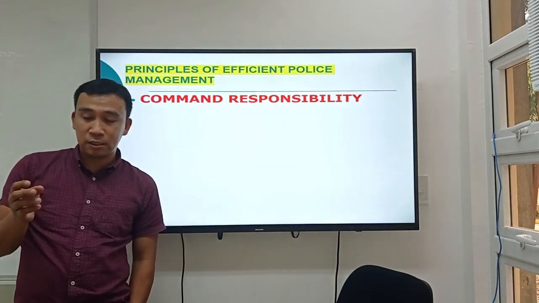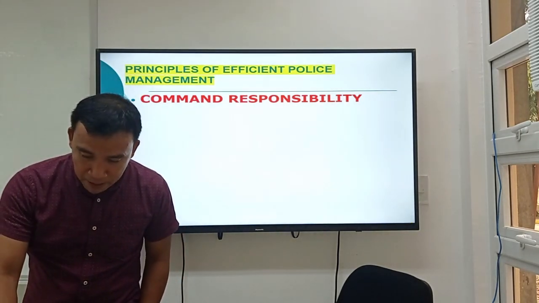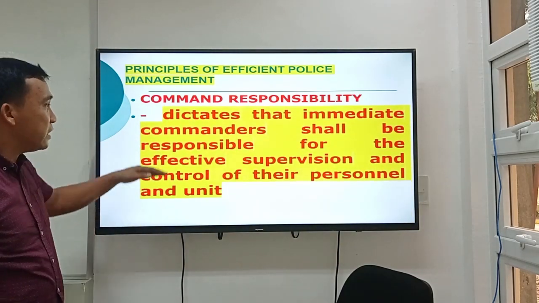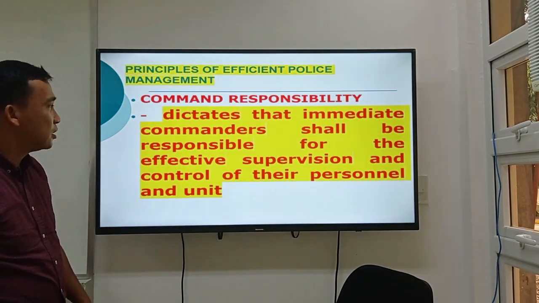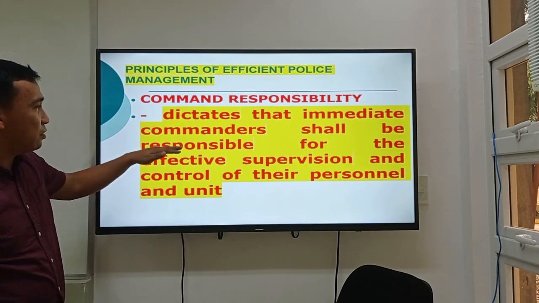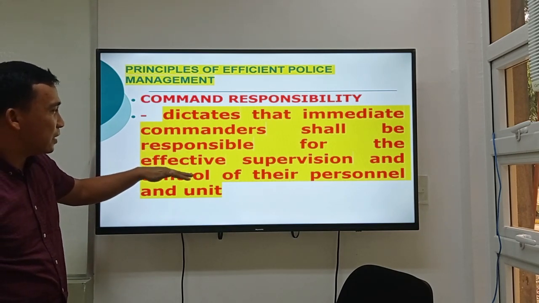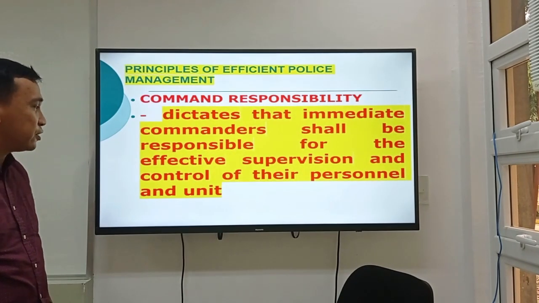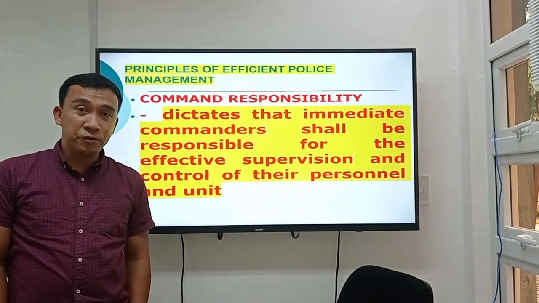Next, we have command responsibility. Command responsibility means that immediate commanders shall be responsible for the effective supervision and control of their personnel and unit.